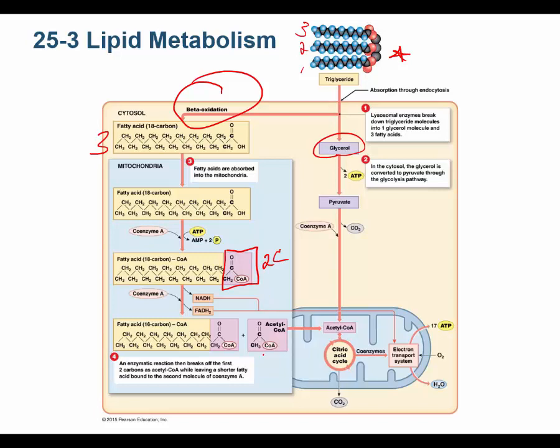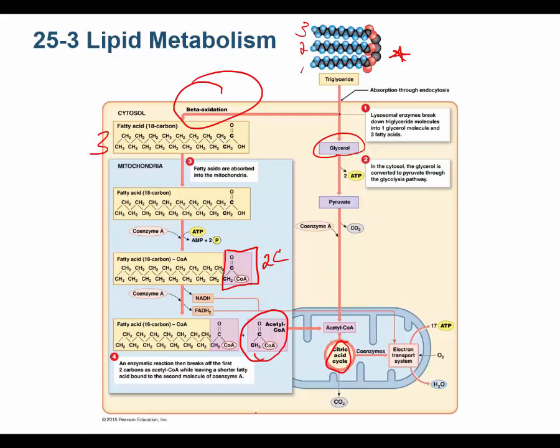And those two carbons are attached to CoA, and they make up what we call acetyl-CoA. That probably sounds familiar to you because pyruvate was converted to acetyl-CoA in the carbohydrate metabolism. Well, fatty acids are beta oxidized into acetyl-CoAs. And the acetyl-CoA just enters the Krebs cycle just like it did before, the citric acid cycle.